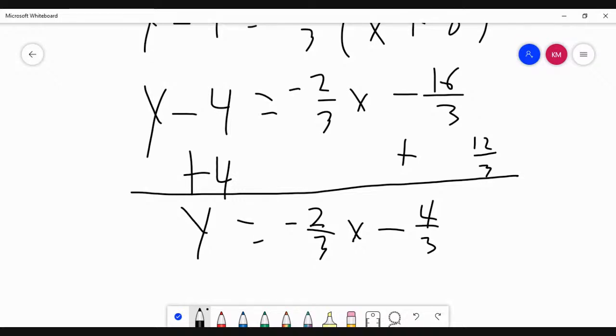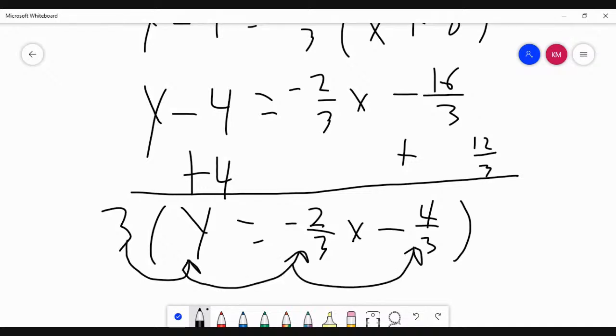Got it? Great. Now, we still are going to multiply by a 3. That way I can multiply the 3 to the y and get rid of the 3's under my negative 2x and my negative 4.